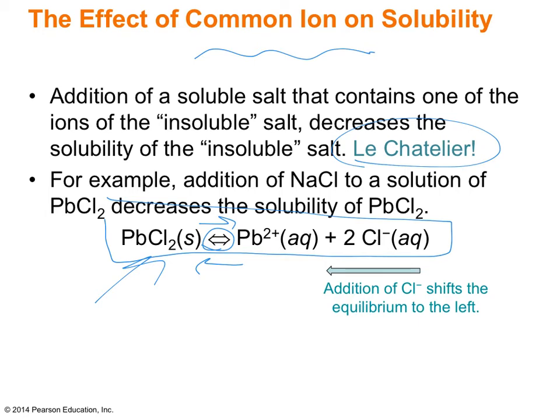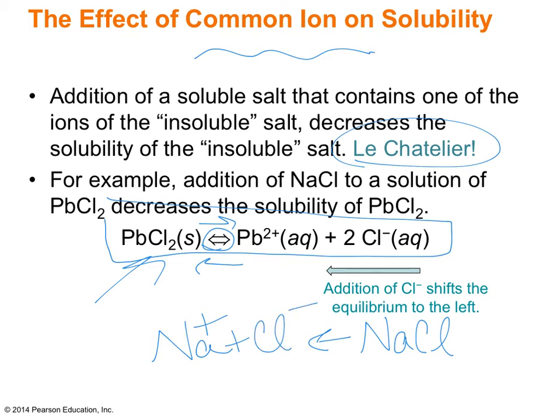And let's say that after that equilibrium, we dump in a common ion. Let's just say we dump in table salt, sodium chloride. Well, that's immediately going to dissolve and dissociate into the individual ions, sodium and chloride. And that's a problem because the chloride ion is going to affect the solubility of lead chloride.